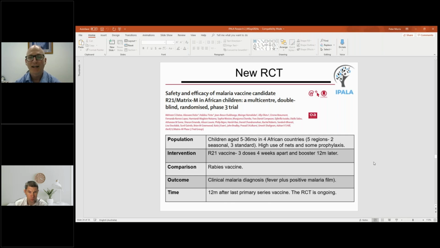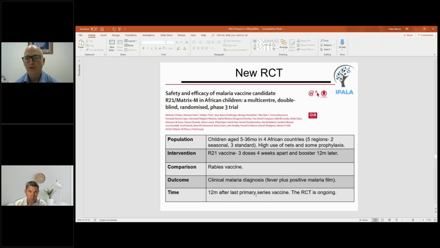The comparison vaccine was the rabies vaccine, and the primary outcome was a clinical malaria diagnosis, which was defined as fever plus a positive malaria film. The primary outcome was measured 12 months after the last primary series vaccine.